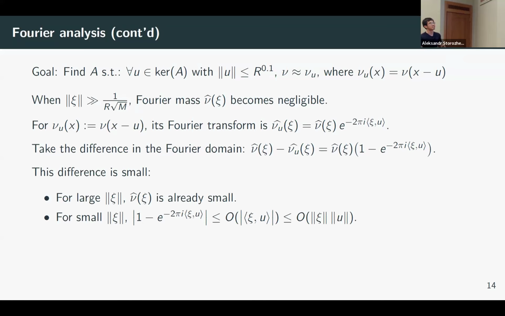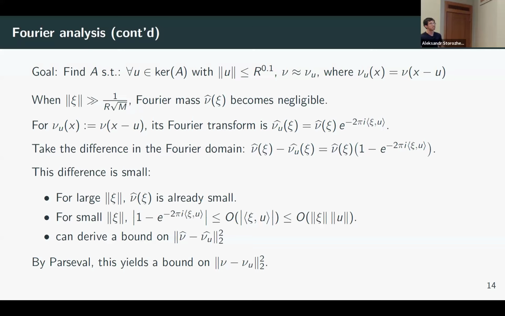We know the first one is bounded by 1 over r root m. The second factor is bounded by r to the power of 0.1. So it's some small value. And then because it's pointwise small, we can give a bound on the L2 norm of the difference of the Fourier transform. And then by Plancherel, this gives us a bound on the L2 distance.